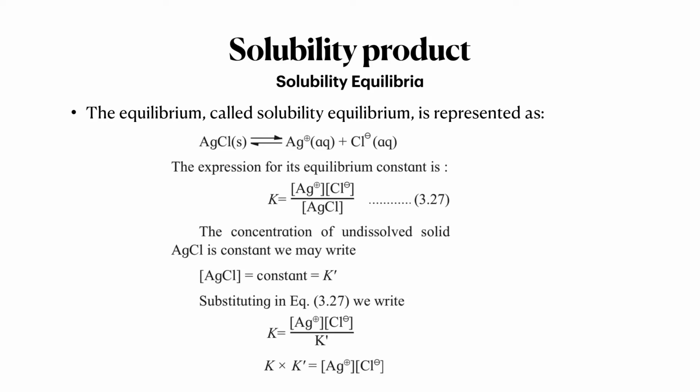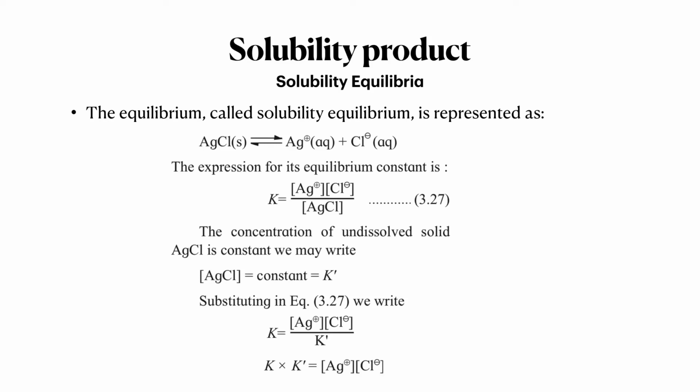So here it will be equal to the concentration of Ag plus times the concentration of Cl minus upon the concentration of AgCl. Now, the concentration of AgCl, which is the undissolved solid, we can write as constant. So I represent that as K dash.